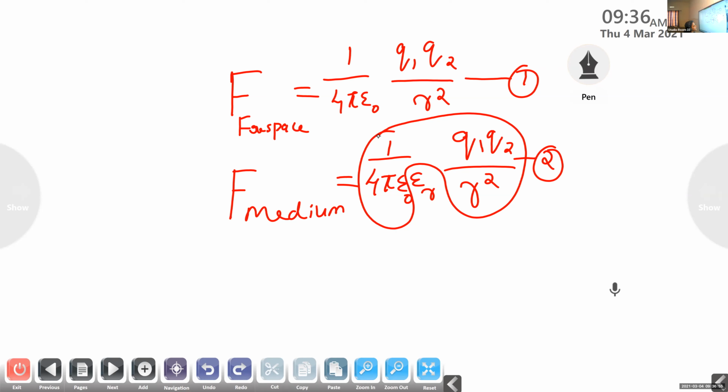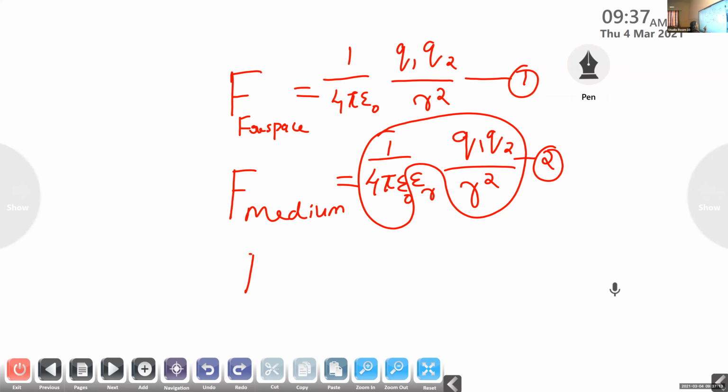We have already studied that earlier. What is this equation? 1 by 4 pi epsilon 0 q1 q2 by r square. We can make a relationship between the force in the medium and the force in free space.